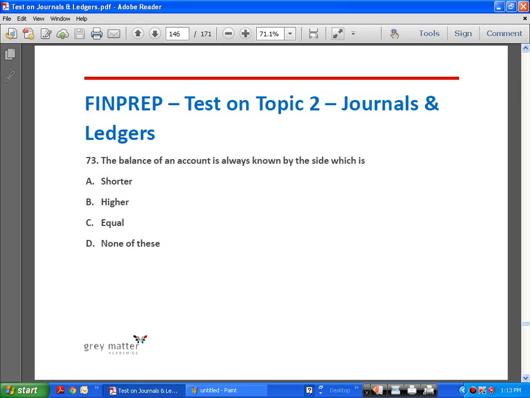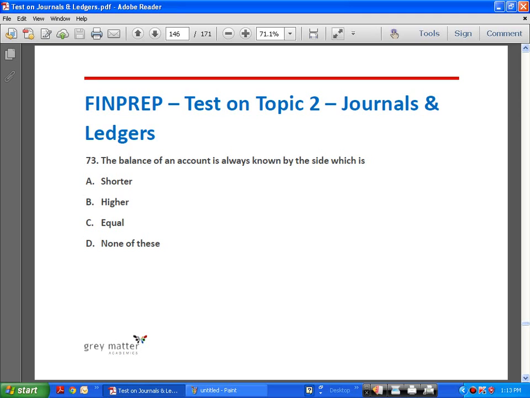The balance of an account is always known by the side which is higher. Debtors have debit balances, creditors have credit balances. Why? If you look at the debtors account, the debit side is always higher than the credit side. The debit side records the opening balances of debtors and the credit sales made during the period.